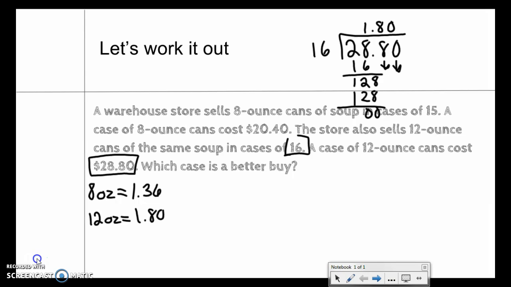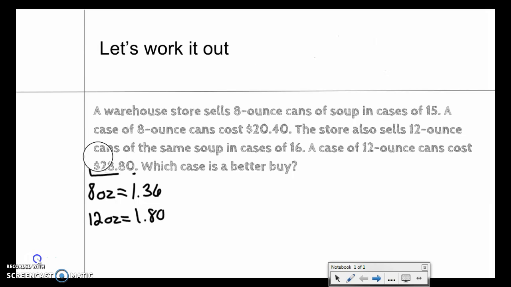We want to figure out how much each ounce costs in each of the cans. Okay? In order to figure that out, we need to do our price divided by the amount of ounces there are. So let's do the $1.36 divided by 8. Or, sorry, 8 going into the 136.